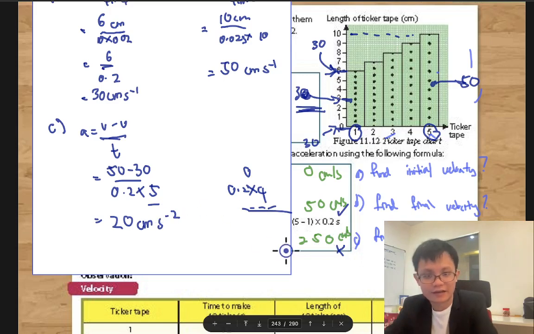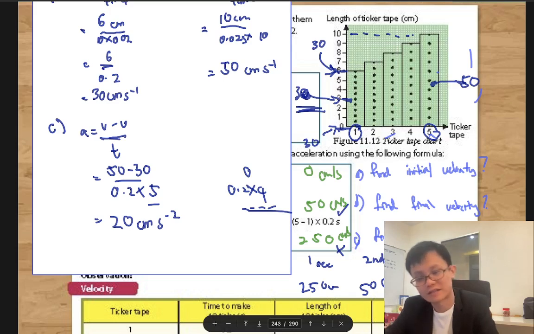Can you imagine, the first second the thing moves 250 cm, the second second it becomes 500, the third 750, the fourth 1000 cm in 1 second. So it will be getting faster and faster.